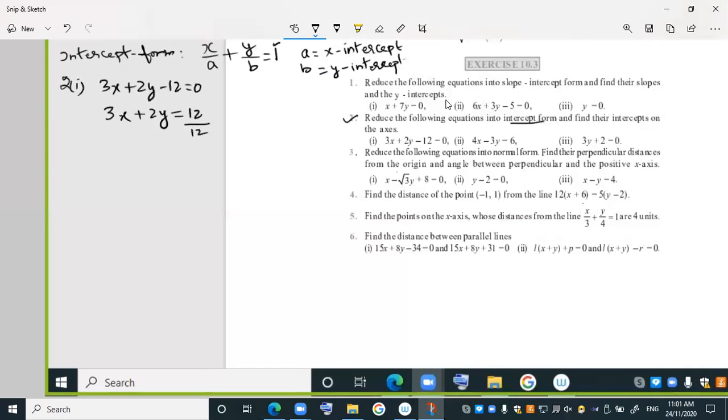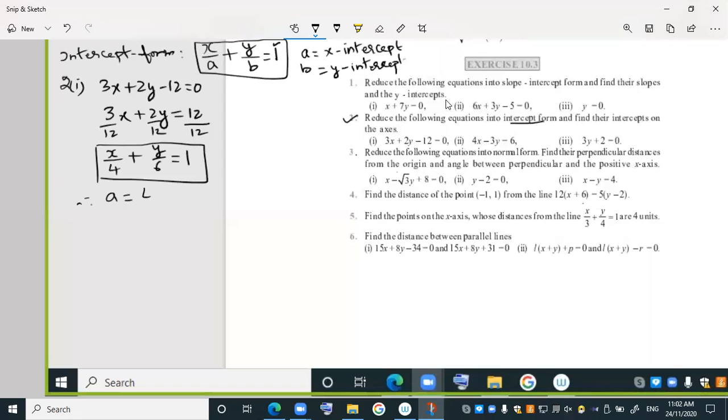So therefore divide the whole equation by 12.